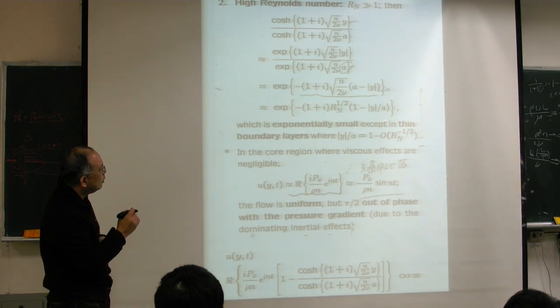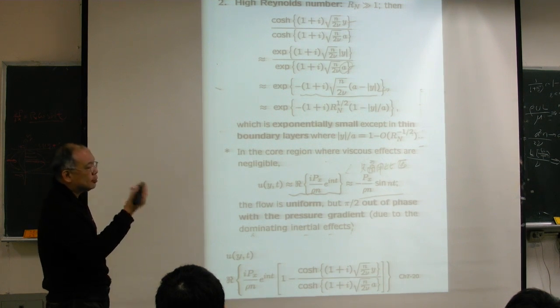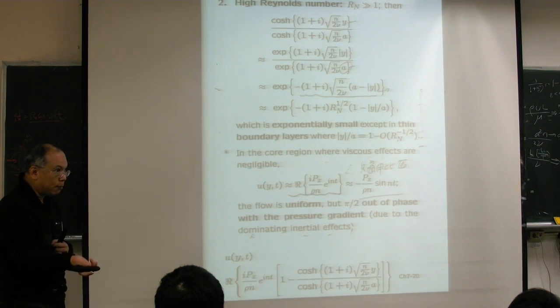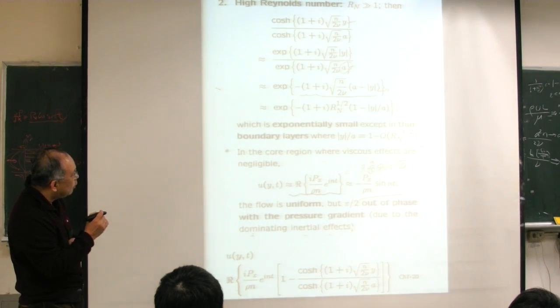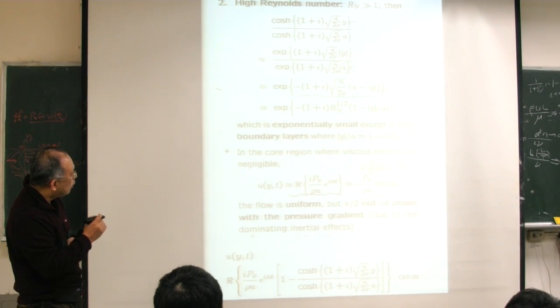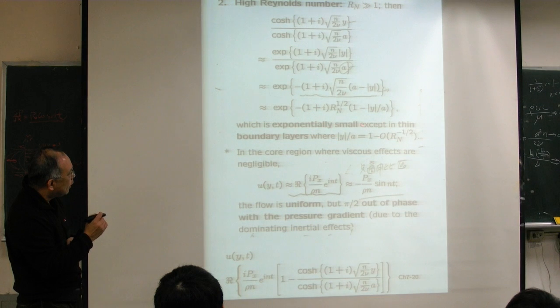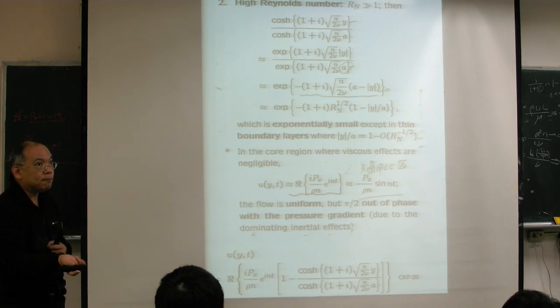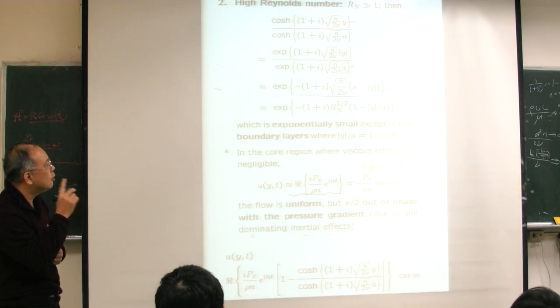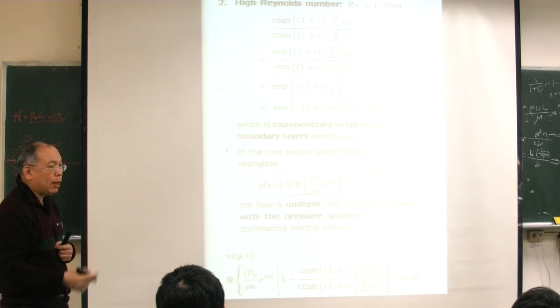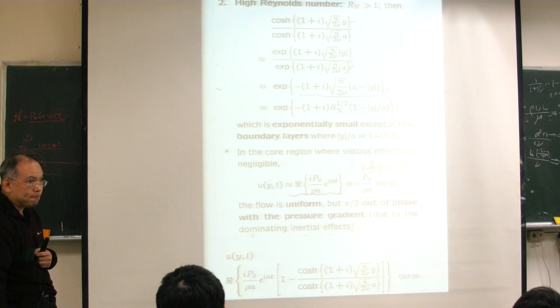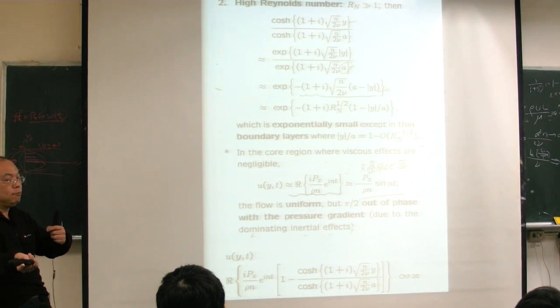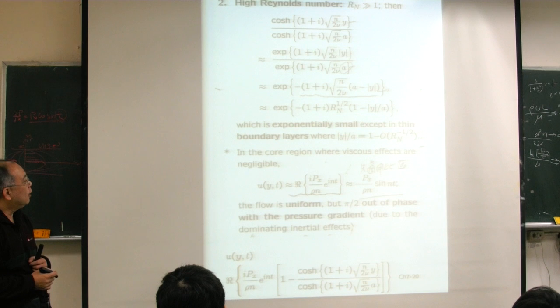If this is a finite number, this is a big number, and it's exponential minus a big number, this is exponential decay. There's no problem. However, within the boundary layer, when this term multiplies this, it may not be a big number anymore. So within the thin boundary layer we have to take that into account later. But outside the boundary layer, that will be okay.